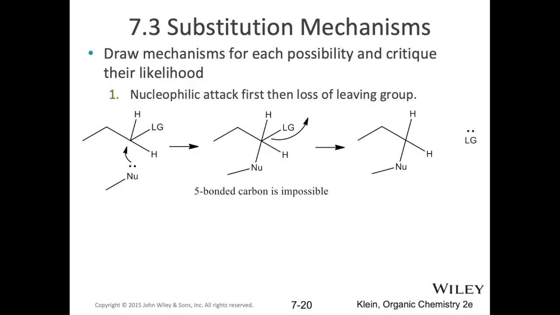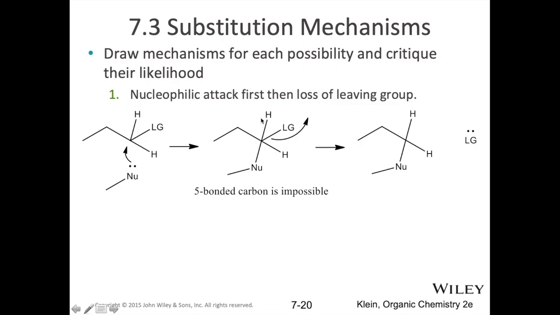In the first one, we have a nucleophile attacking our alpha carbon, and then in a later step, we have the leaving group leave. Now you'll notice that there's something wrong here. When your nucleophile attacks that carbon, it forms a bond with that carbon. So assuming that leaving group hasn't left yet, look at that alpha carbon and notice that it has 5 bonds.